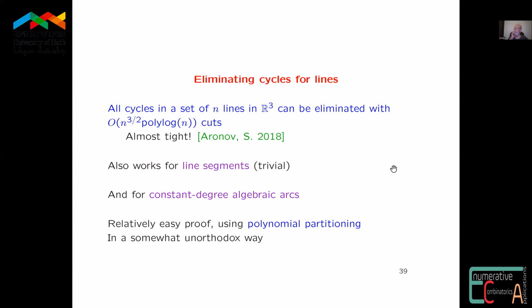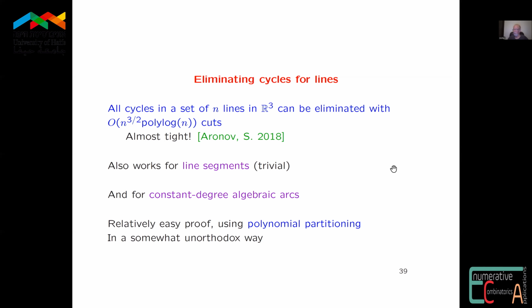And the conjecture was that you can get n to the 3 half as an upper bound too. For joints, it has been proved by Guth and Katz a long time ago. For cycles, it took some time, and with Boris Aronov, we managed to almost get the bound that we wanted, n to the 3 half times a polylogarithmic factor in n.